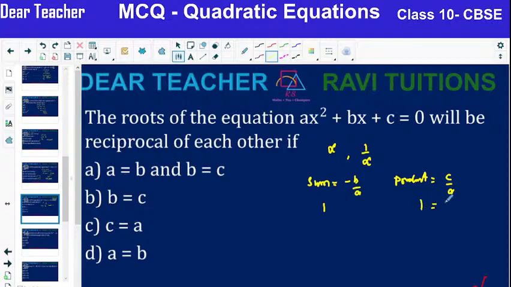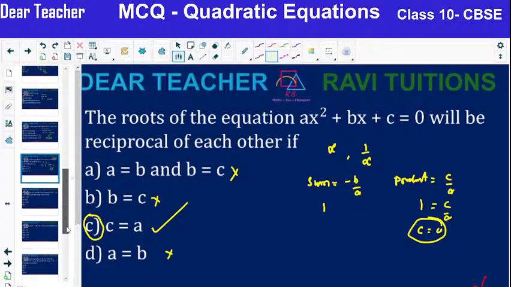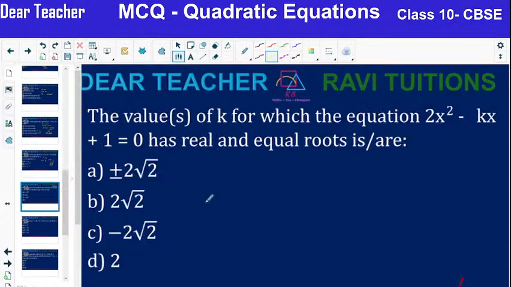Product means 1, so c by a is 1, so c is equal to a. So c is equal to a is the correct answer. This is wrong, and this is wrong, and this is wrong. Now this question, let us have.